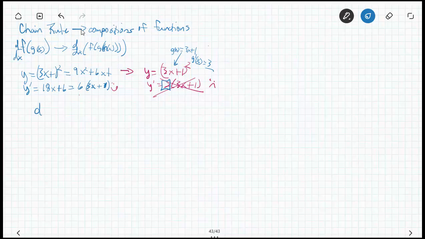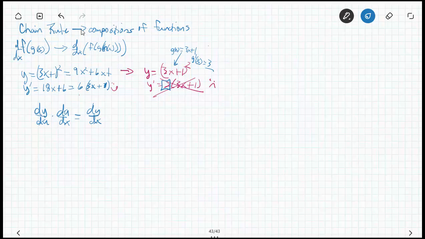All it says is it uses algebra. I know that dy over du times du over dx is equal to, my du's cancel, and I get dy over dx.